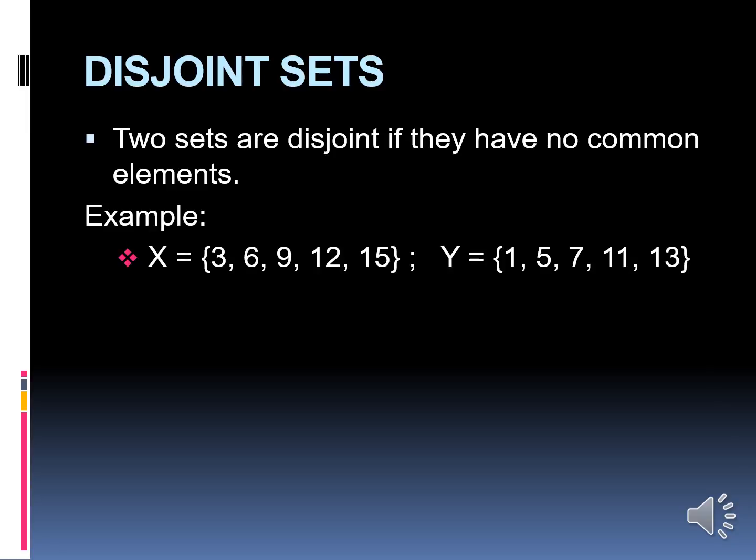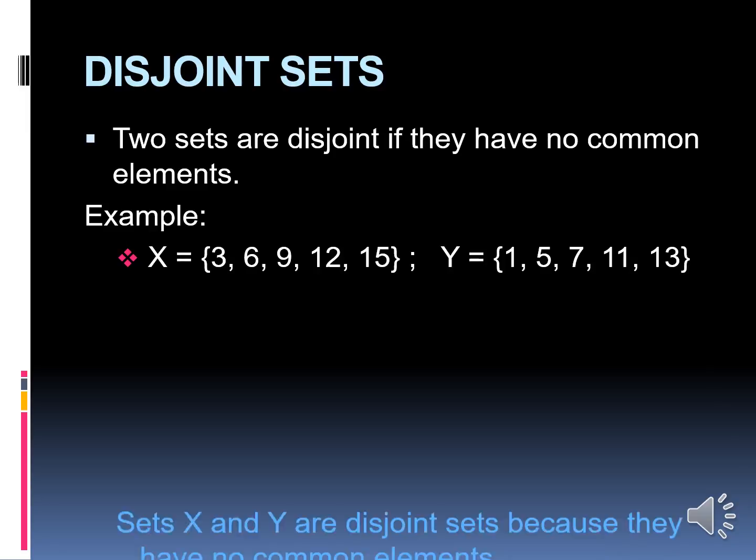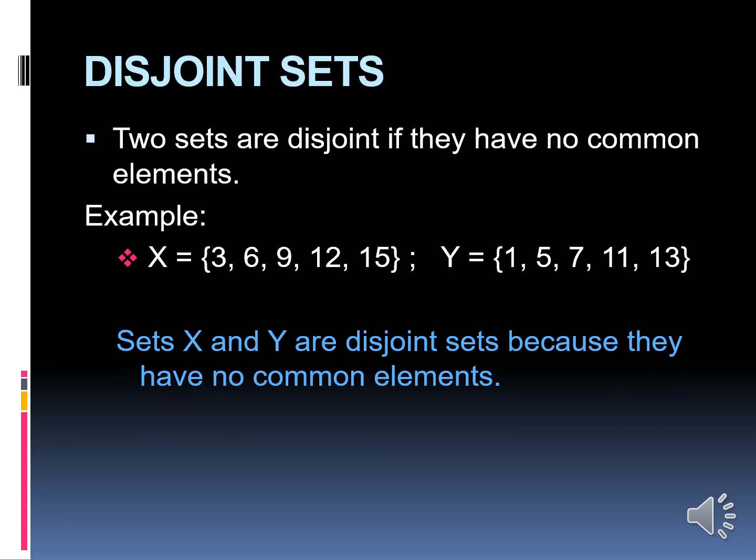These two sets are disjoint because there is not even one element that is common to both sets. There is none. So sets X and Y are disjoint sets because they have no common elements.